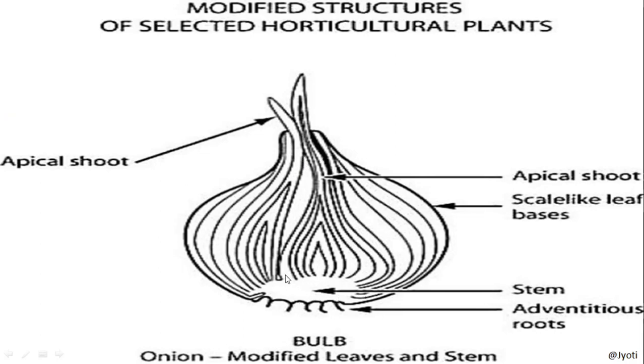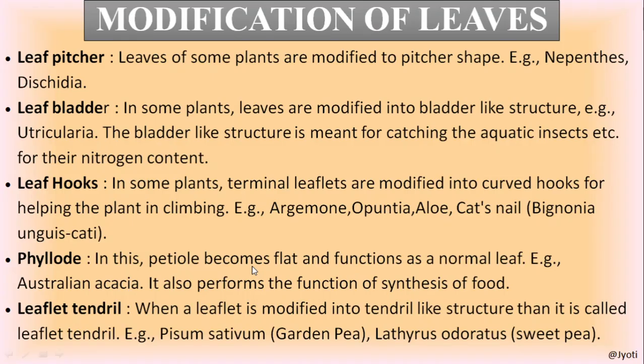The stem is very much reduced, and from the stem the leaves are developed. The inner leaves are fleshy scale leaves and the outer leaves are brown scale leaves. The brown scale leaves provide protection to the bud. Here you can see the bud is developing from the shoot, from the stem, and the fleshy scale leaves are the edible part, so they are meant for storage of food.